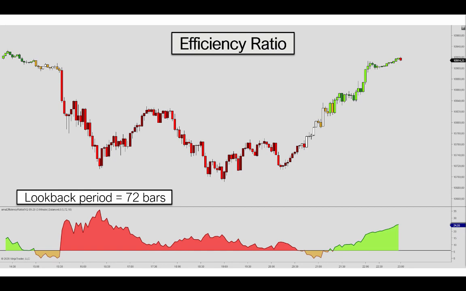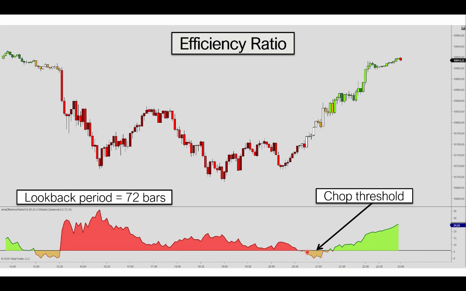But coming back to the distinction between trending and range bound, the efficiency ratio has a chop threshold, and that's when it falls below this line here. That's when the markets are moving back and forth, alternating between up and down closes, as it did in this 72 bar look back period.